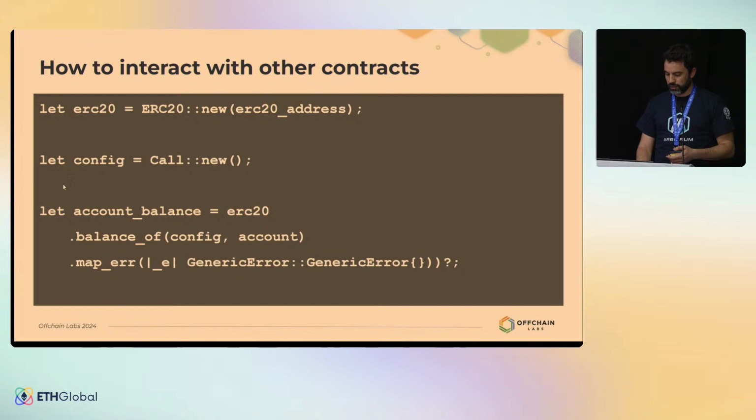You create the call. This Call::new gives you a configuration to make the call, and then you call the balance_of function. You send the configuration that you just crafted and the parameters that balanceOf is expecting, in this case, just an account. Notice also that even though we used camel case to declare the interface, we are now using snake case here, the Rust syntax.